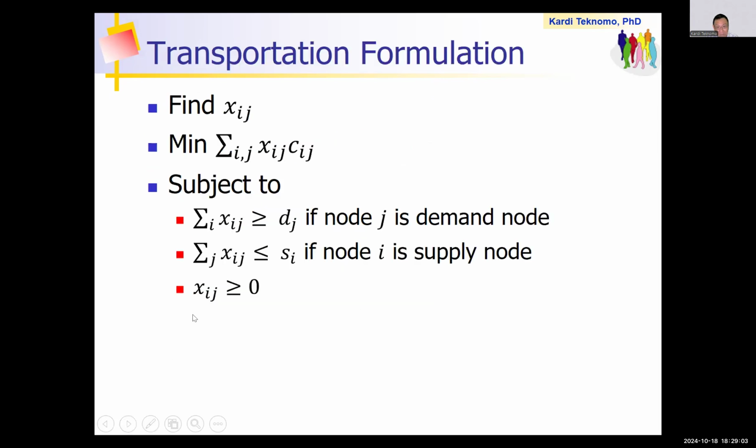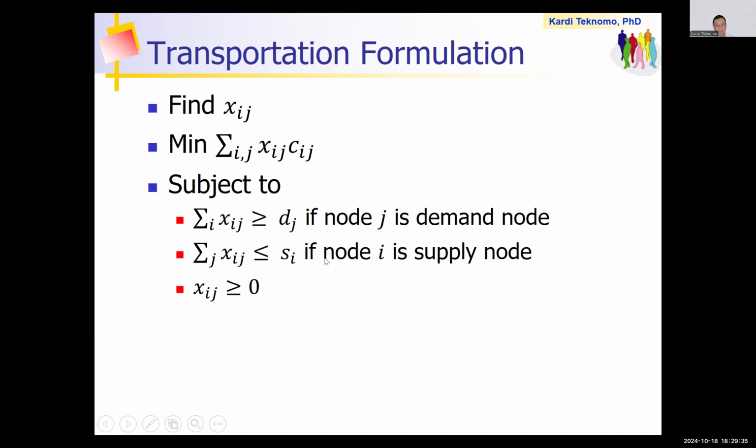Mathematically, this is clearer. So you want to find xij by solving this optimization problem, which is the flow multiplied by the cost, subject to these three constraints. The first constraint is if node j is a demand node, then the flow in the demand node must be larger than the demand itself.